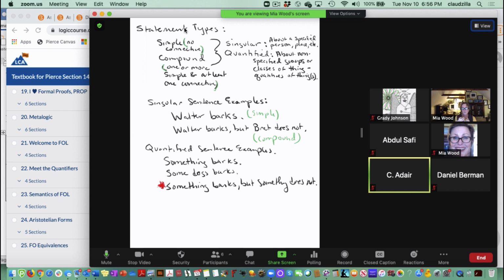So think about it this way: the sentence "something barks but something does not." You and I understand, just in ordinary English, that we're talking about two separate things, right? The things that bark and the things that don't, or the unspecified thing that barks and the unspecified thing that doesn't bark. In logic, though, we've got to make clear that we're talking about two separate domains. Okay, so that's part of I think the fun of the work is that we get a lot of clarification on our language.